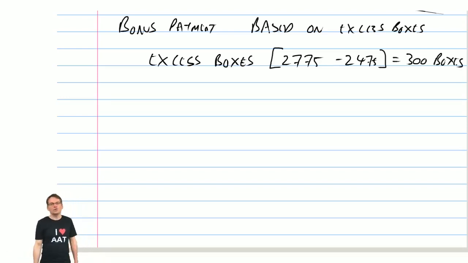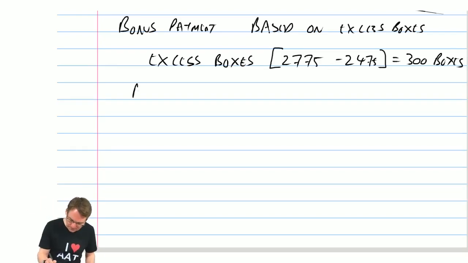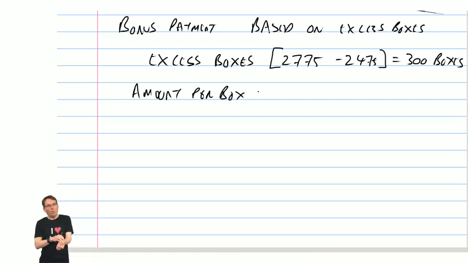So 300 boxes is the excess. And now let's work out the amount per box. Again, I'm just doing one thing at a time so I can do it slowly and concentrate on doing one bit correctly.